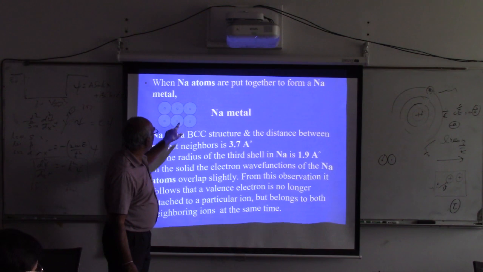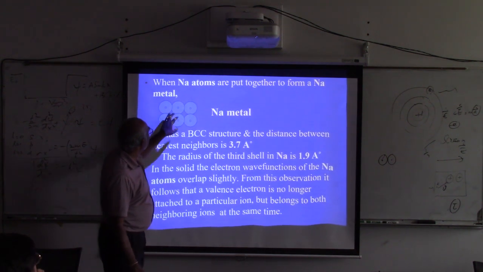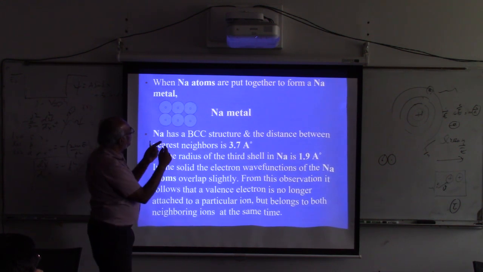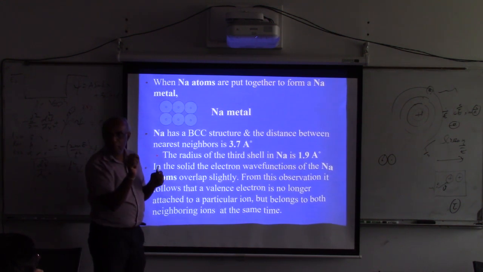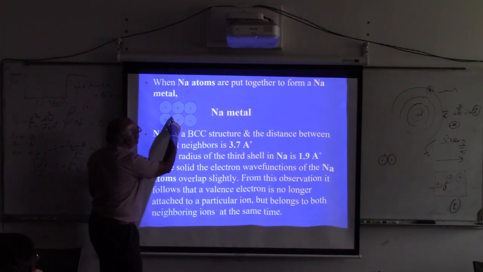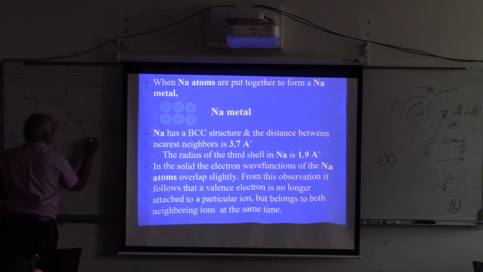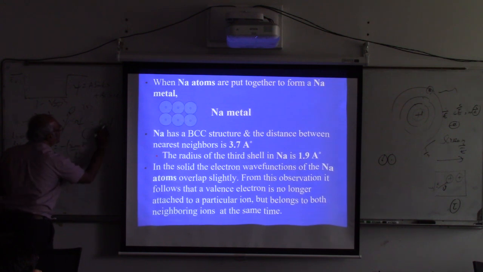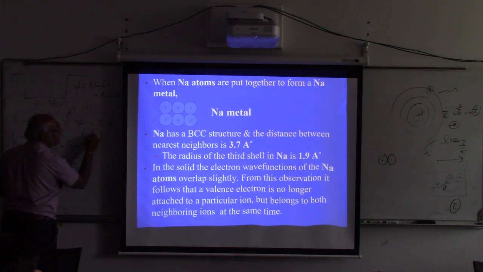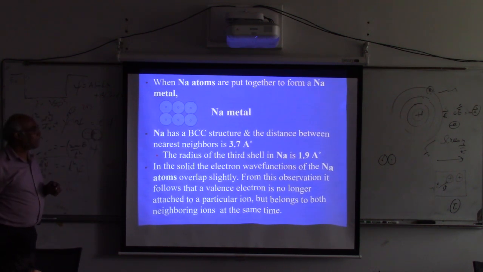So if you take this one to this one, it is 3.7 angstrom, but these electrons are coming from this atom and this atom, so the wave functions of those electrons really overlap. That means you can think of this atom as not like this, but kind of overlapping. The electron coming from this one and the electron coming from this one overlap in that region.